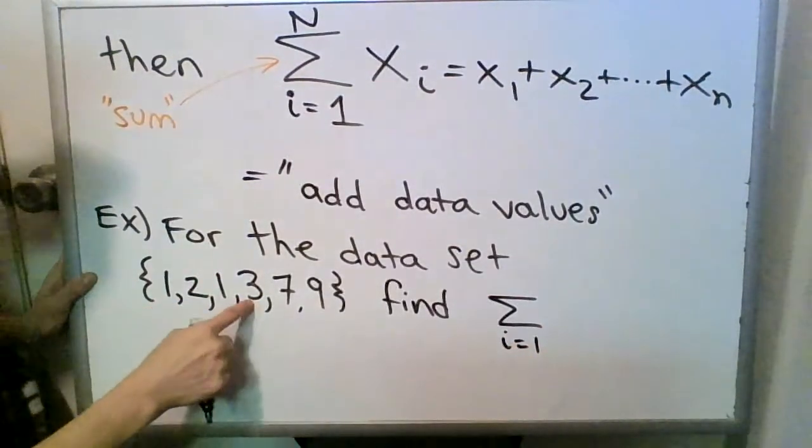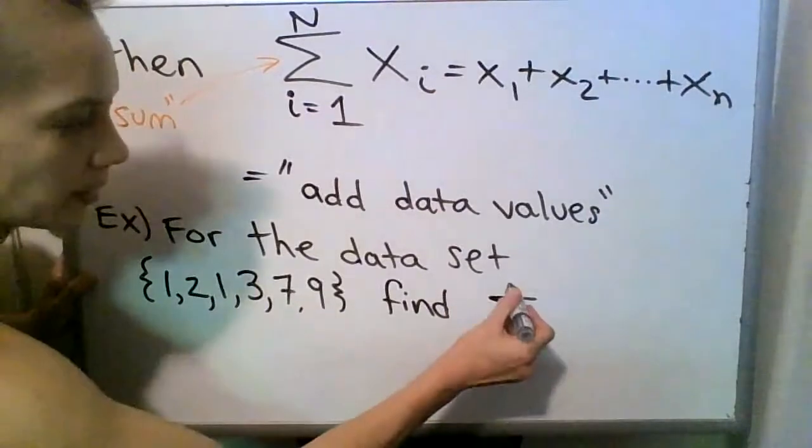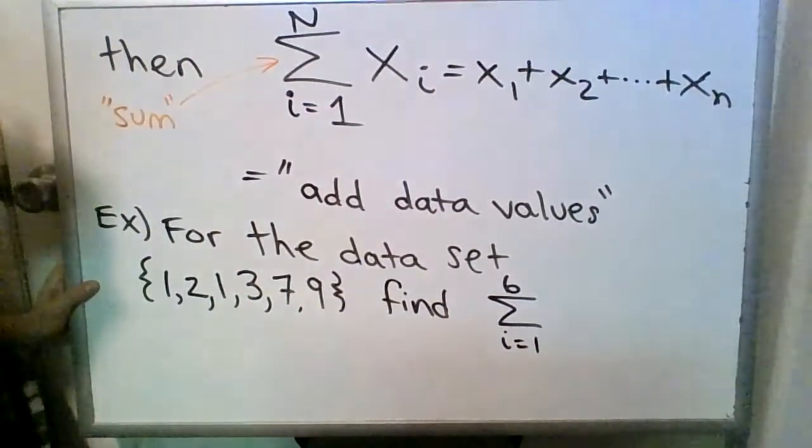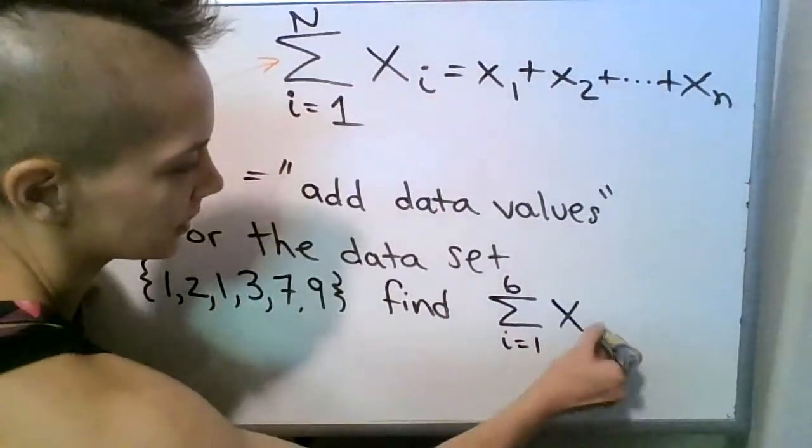There's 1, 2, 3, 4, 5, 6 of these. So we're going to go all the way up to 6 for capital N, for any value x sub I.